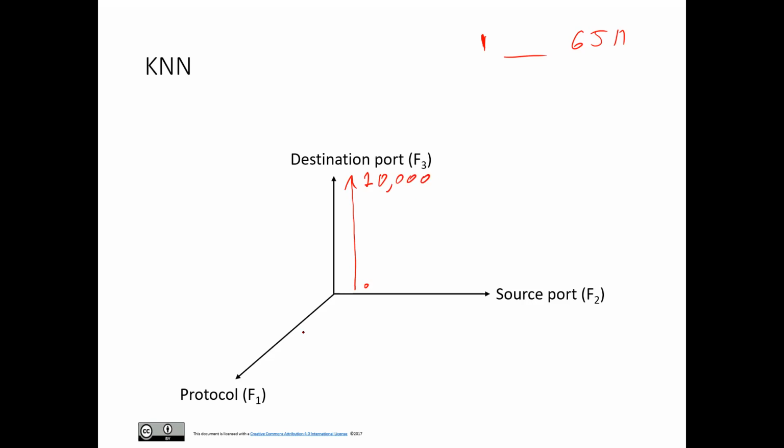Let's say something that we all understand, like age. From 0 to 100, we understand. This is younger, getting older, in that direction, right? We understand that. However, when I use the example of, let's say, the source port, I'm implying that I go from 0 to 65,000, right?